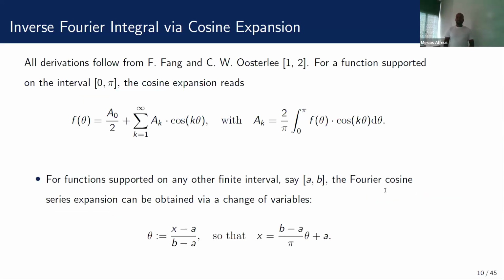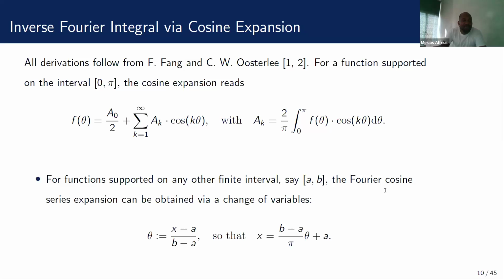Before we get to the derivation of the cosine method, this is what we need to understand first, as we are going to use it in the derivation of the cosine formula. All the derivations are going to follow the paper by Fang and Oosterlee, because our objective is to replicate the study of this method.